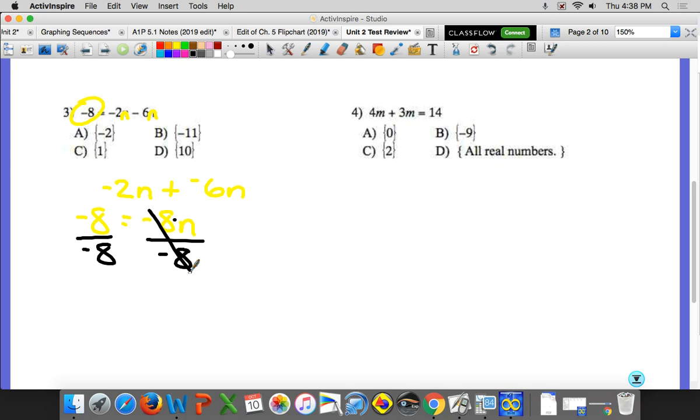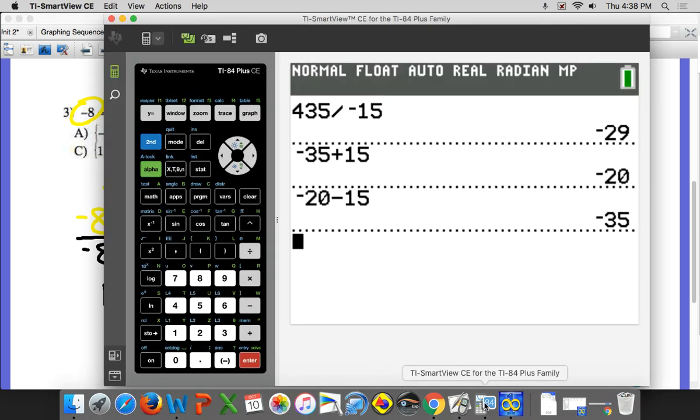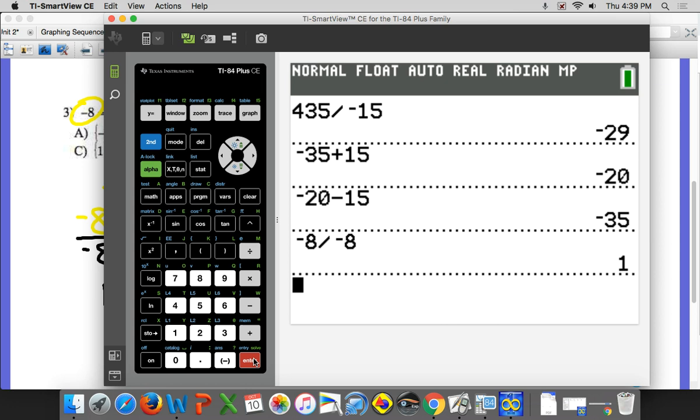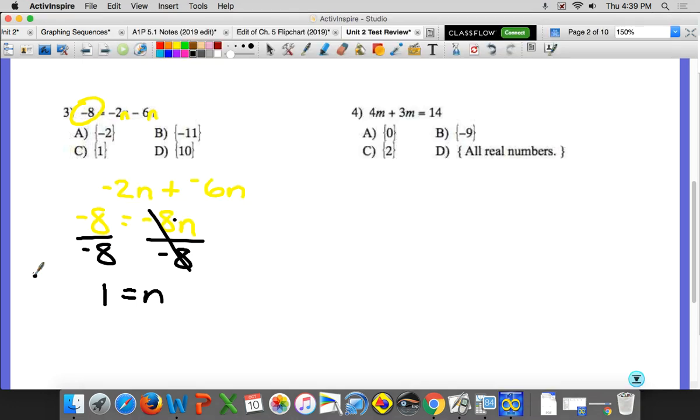Those cancel out. And we know from what we talked about on number 1 that when we have a negative 8 over a negative 8, we're going to get 1. But just to double check, we could still type negative 8 divided by negative 8 into our calculator, and it will also tell us 1. And so that is going to be choice C.